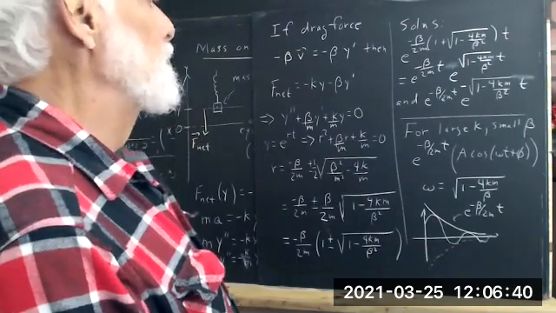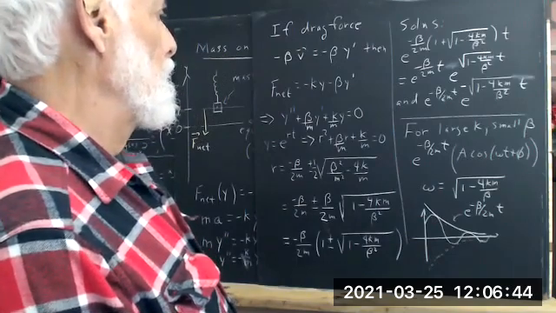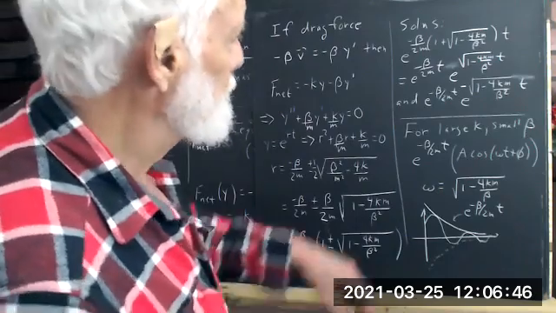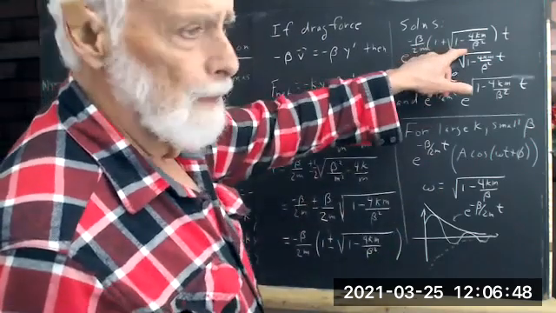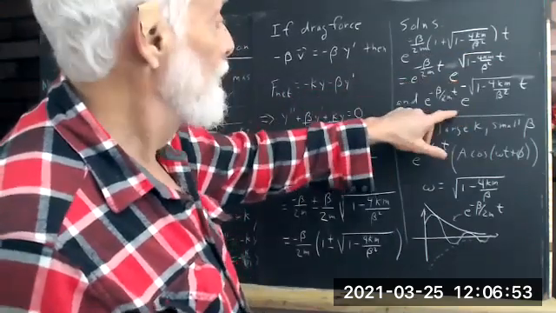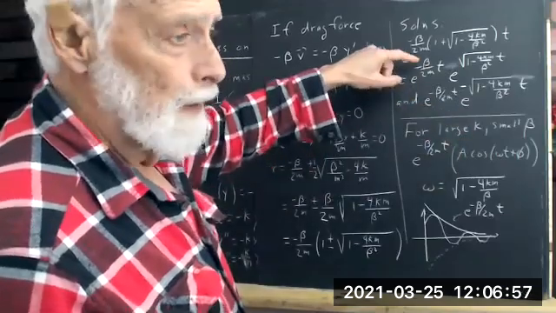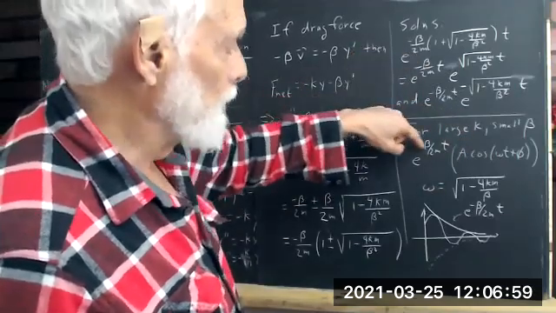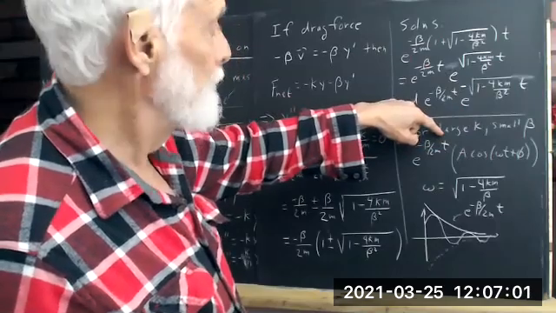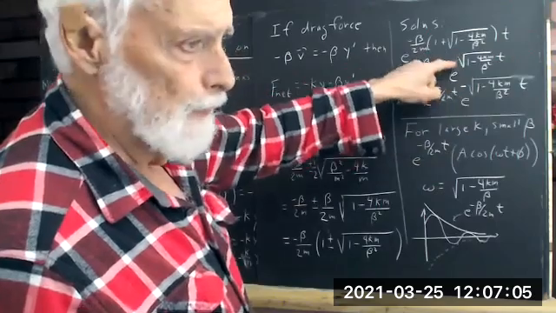If beta is large enough, this just becomes some real number, this or this become real numbers. And you essentially just have this exponentially decreasing solution, modified slightly by what you get for the positive and the negative here.